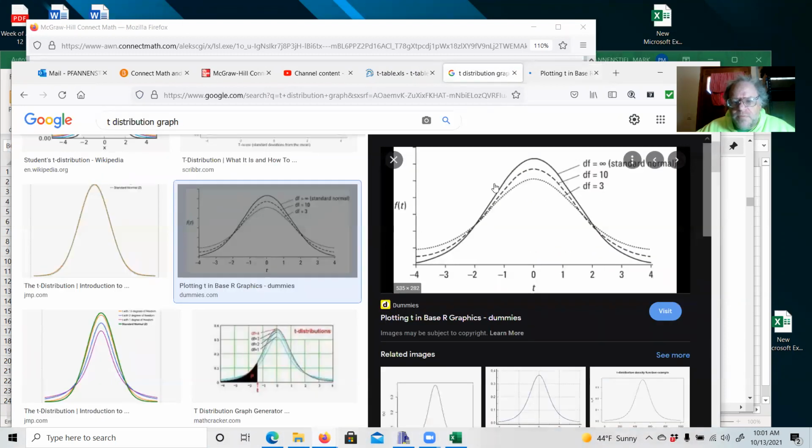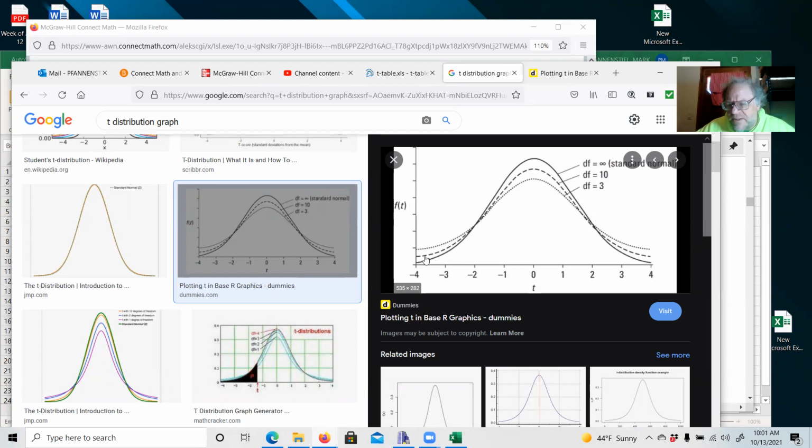All right. So t-distribution, right? You can look at what's going on here. So if we have a small degrees of freedom, notice the little center part is larger, but the tail is bigger. There's more room for error in the tails. Okay, degrees of freedom 10, it's the dotted line. So the peak is a little bit higher, the tails are a little bit lower.